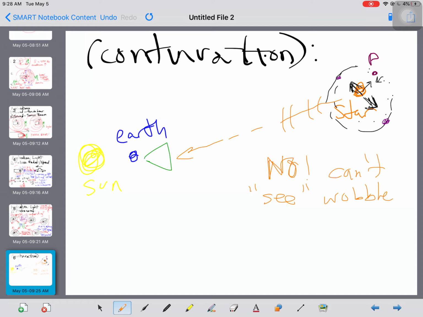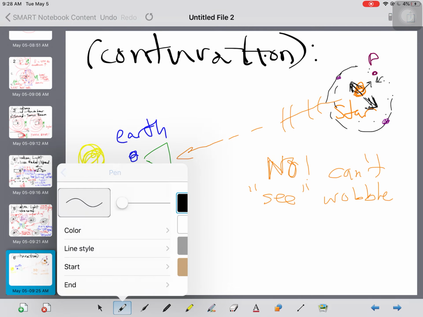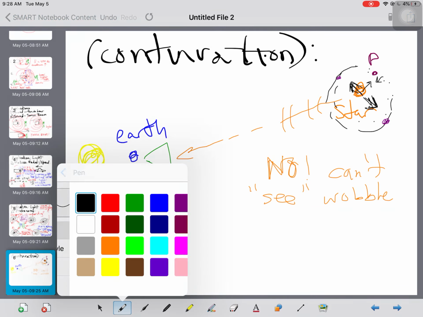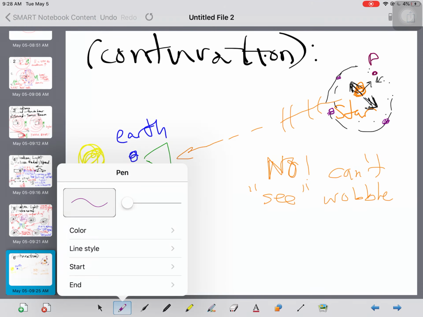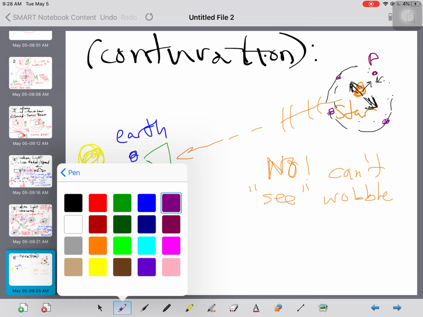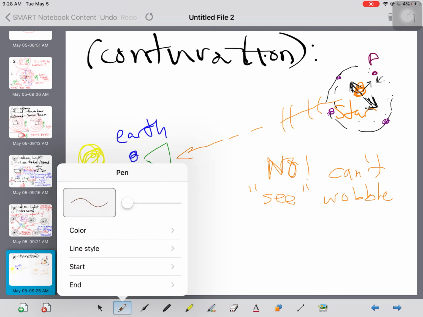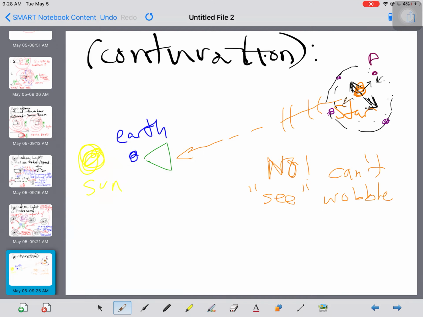But we can see something, and this is pretty cool. When the planet is lined up here, the star gets tugged a little bit this way toward Earth. And when the planet's in the back, the star gets tugged a little bit away from Earth.